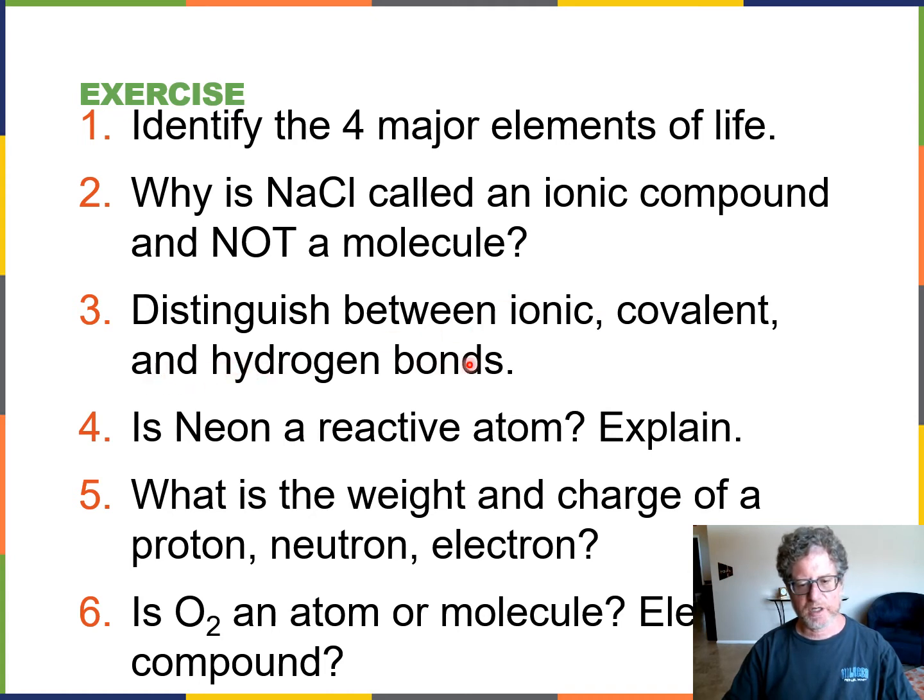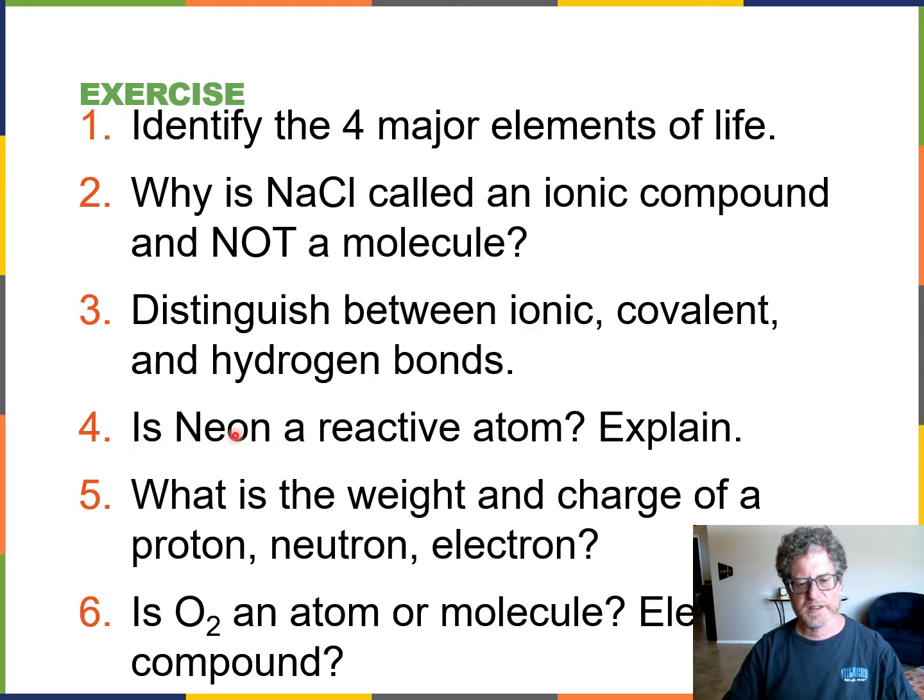And hydrogen bonds are the positive and negative attractions formed by a partial positive and partial negative charge. So you can see why they would be weaker than ionic bonds. Ionic bonds are held together by a full positive and a full negative charge.